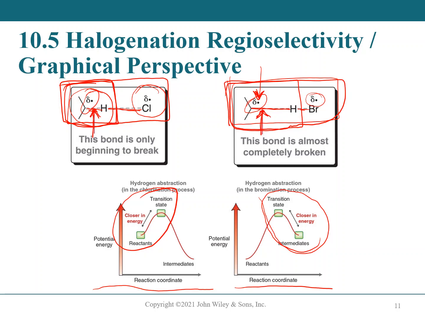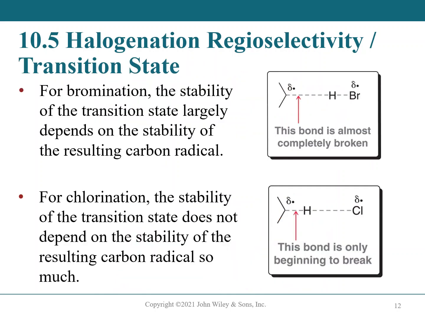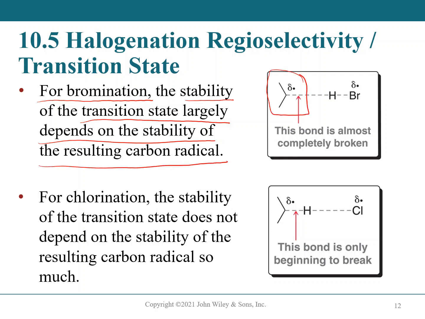So let's take a look at the next slide with a little bit more detail. In other words, what we're trying to say on the last slide is that for the bromination step, the stability of the transition state largely depends on the stability of the resulting carbon radical. How stable is this carbon radical? That will determine how stable the transition state is.